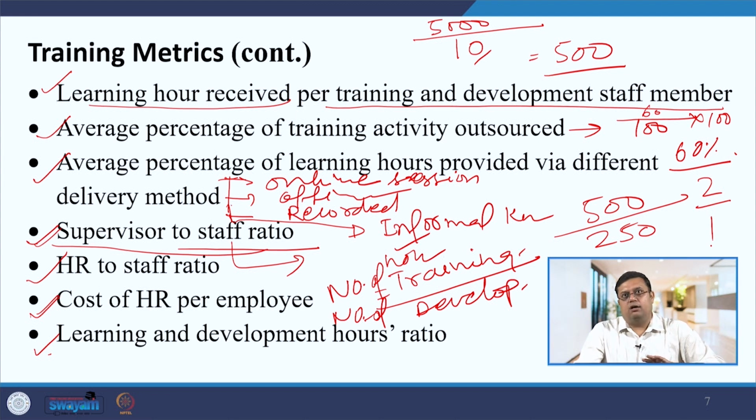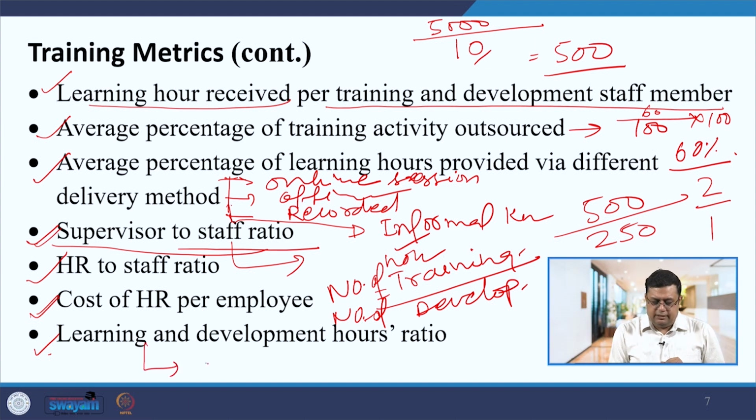A good HR manager can make a combination. When somebody is learning online, then maybe coaching, mentoring or a developmental activity may be given. In that case the training becomes more effective. Which type of learning activity should be aligned with which developmental activity, that decision can be taken by understanding this ratio of hours.